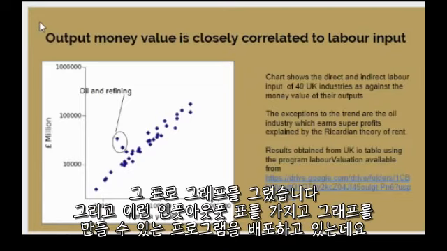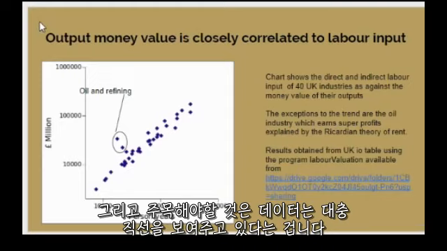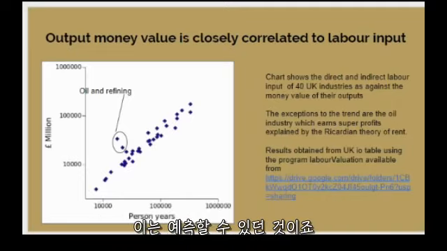Now, I have graphed the data from the UK industry there, and I have made available to people a program which will work from such input-output tables to give the results I've used here, so you can test it yourself if you wish. And the thing to notice about this is that the data roughly lies on a straight line, which is what you'd expect.